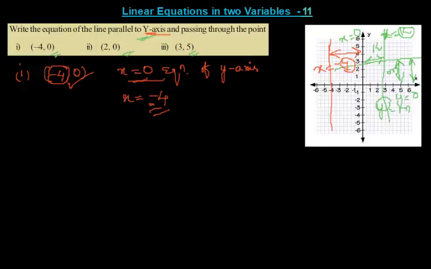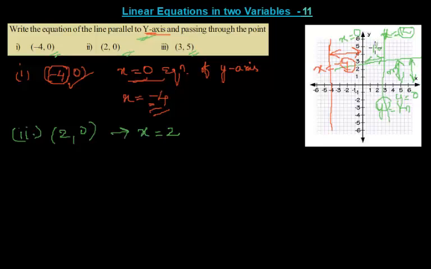Now, let us take the second point. The second point is 2, 0. So, I can write the equation of line passing through this point as x is equal to 2, where it is on the right hand side. Now, I will mark it with a different color so that you can understand it better.